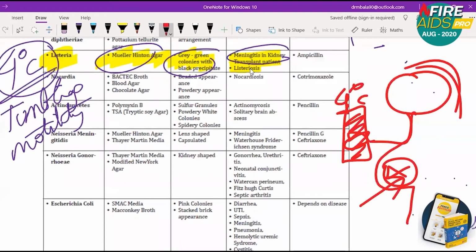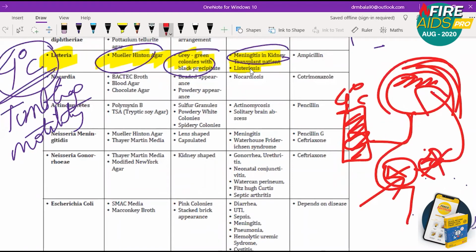She is also having meningitis. Her kidney is recently transplanted. Kidney transplant patient with meningitis: Listeria. Listeria can also cause neonatal meningitis. It can affect the mother, and it can affect the child as well. This Listeria is usually found in fish, milk or meat, uncooked raw milk or fish.